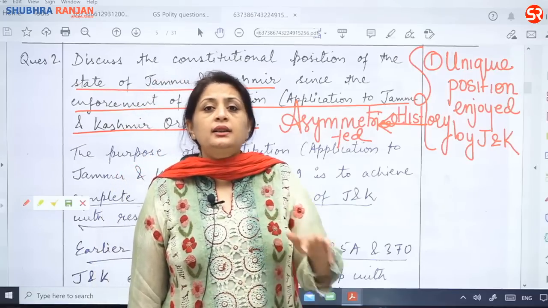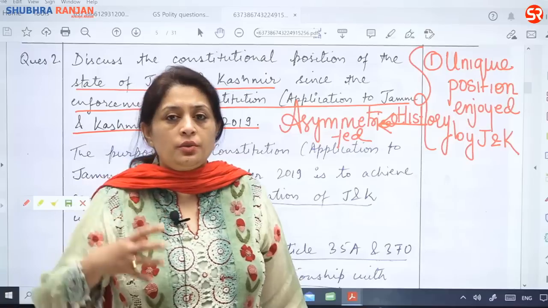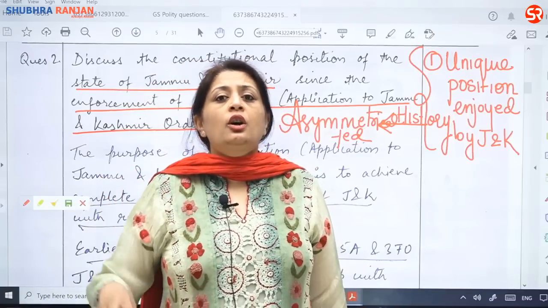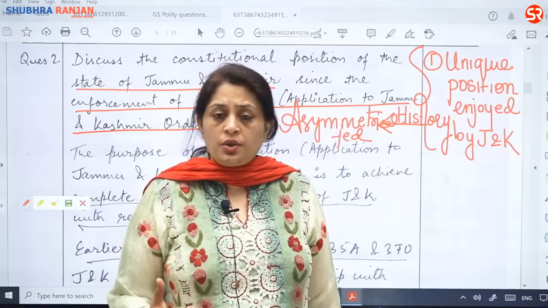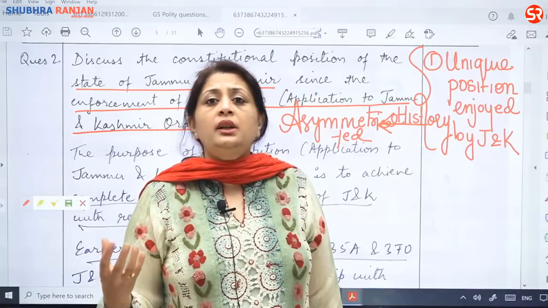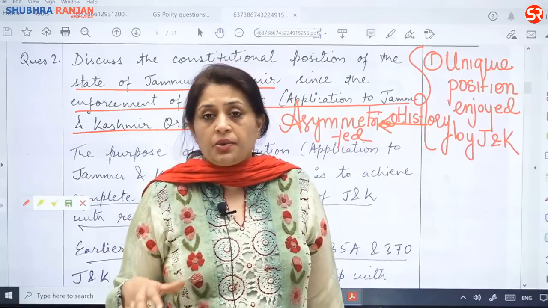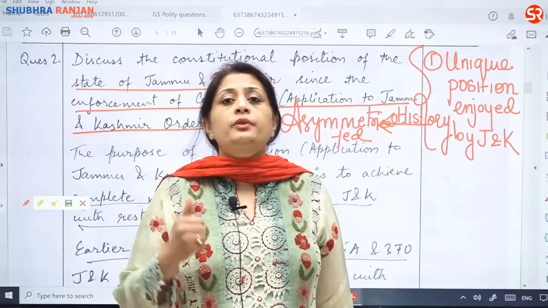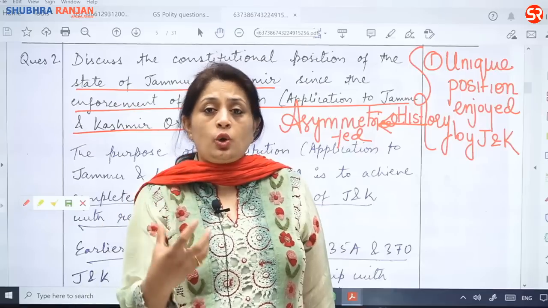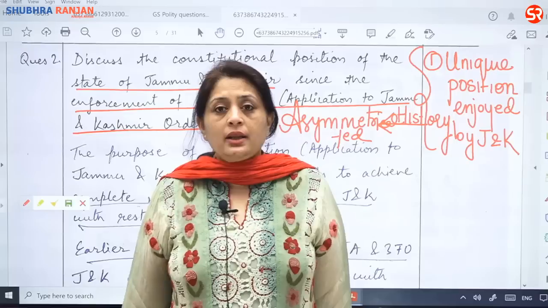And Article 370 gives the autonomy to Jammu and Kashmir with respect to dealing with the local issues. So it was a flexible arrangement where all provisions of the constitution and all union laws would not have been transferred automatically.